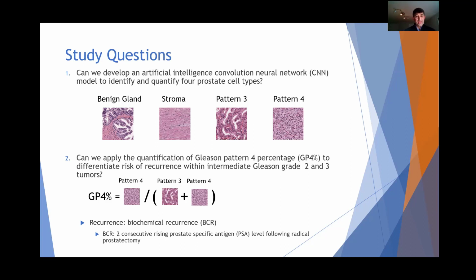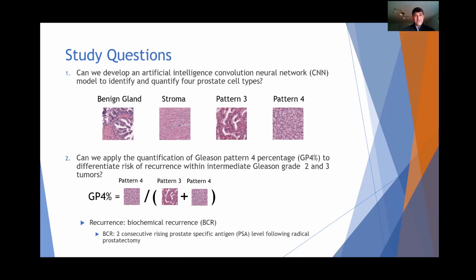And then second, if we can develop this model, can we apply the quantification of Gleason pattern 4 percentage to differentiate risk of recurrence within intermediate grade tumors, the grade group 2 and 3 tumors.